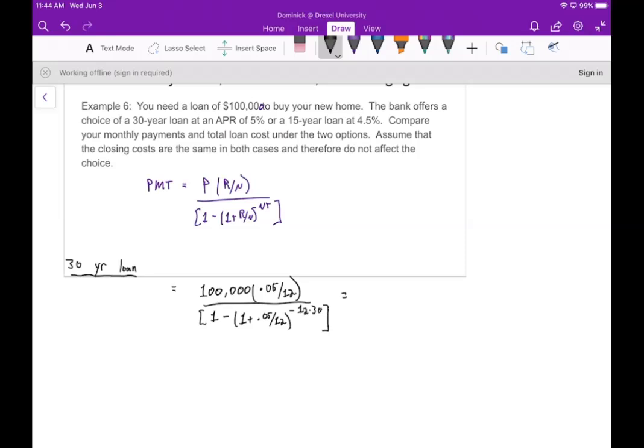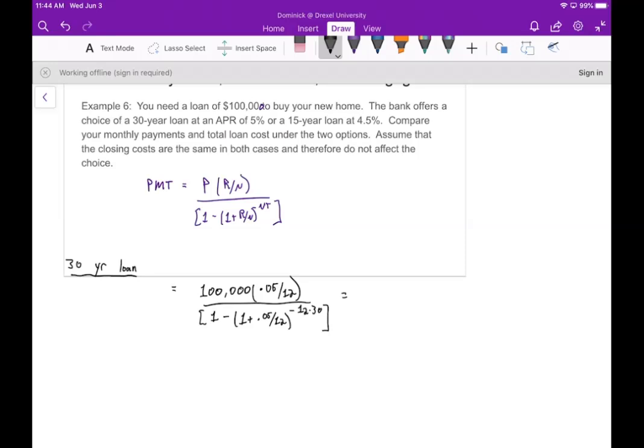So if we calculate this, we have 100,000. In this example, they don't mention a down payment, so we'll just assume that we already made the down payment. I was going to say that they wouldn't require it, but I don't know of a scenario where you're not required to make a down payment.